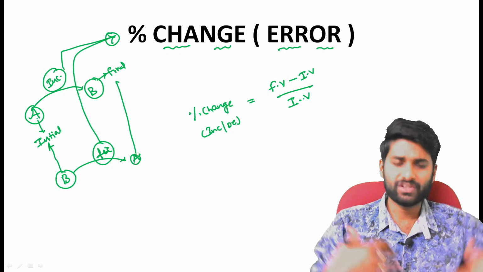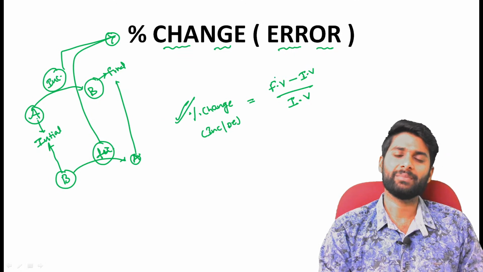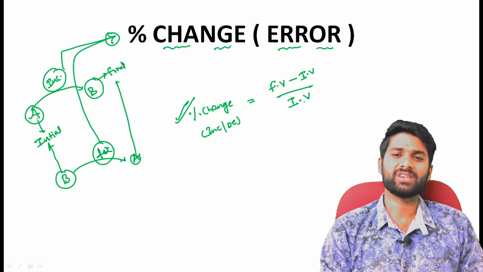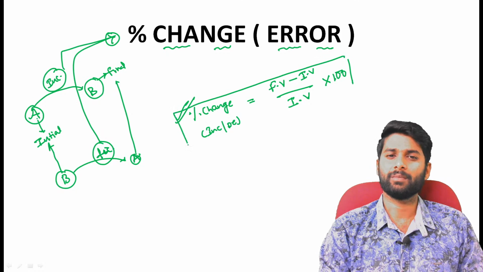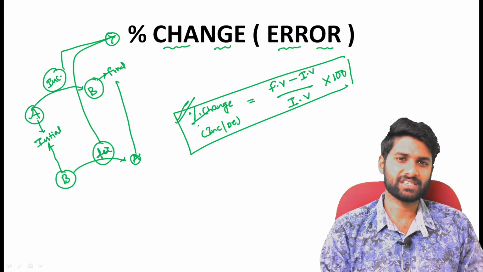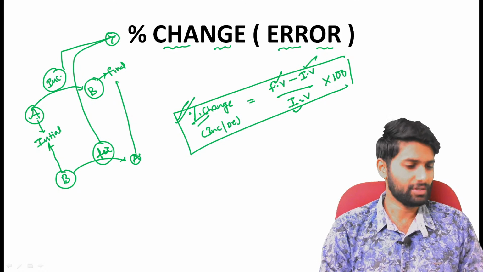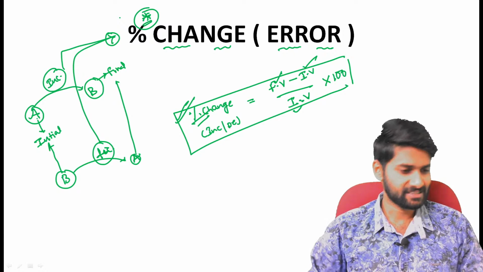Without the initial value, we don't know how much it increases. That's why the percentage of change formula is defined as final value minus initial value by initial value into 100. Remember the formula of change, guys. This is the most important term in the concept of percentages.